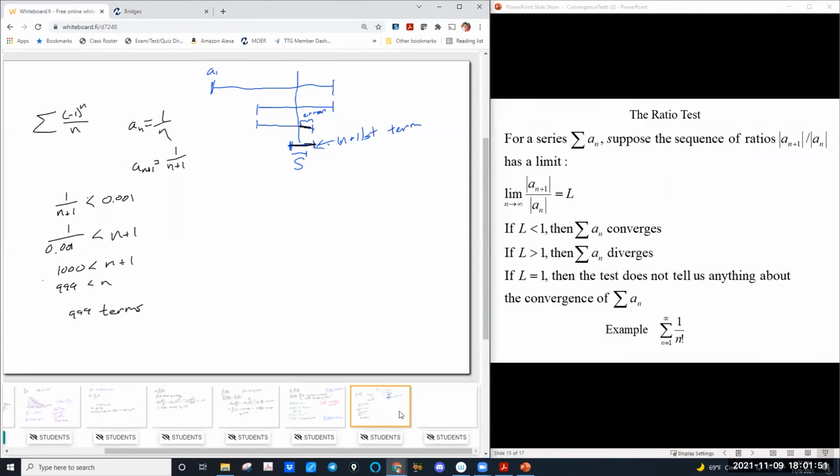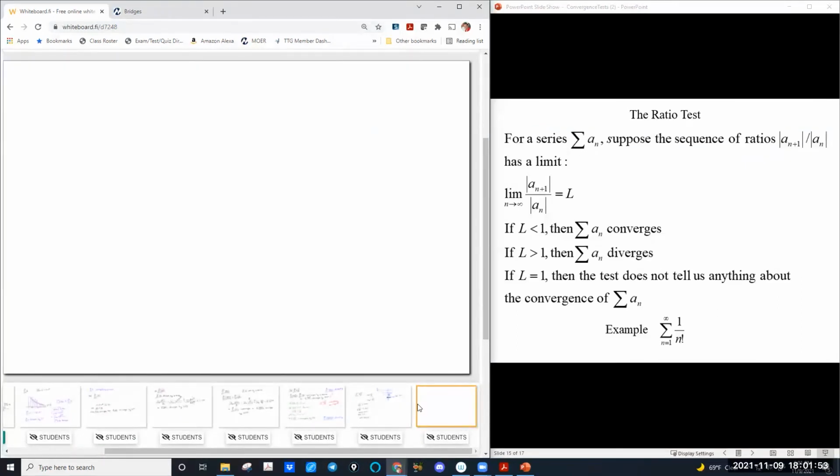One more test, but it's one of the biggest ones, most interesting ones, and very useful ones, especially going forward when we get into power series. We're going to do a couple examples of what is called the ratio test. Now, I'm not going to get into the derivation of the ratio test. It's done in the online lesson.